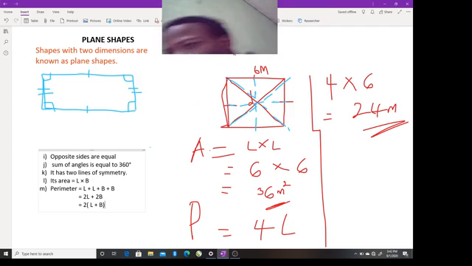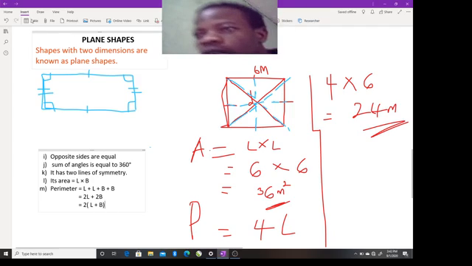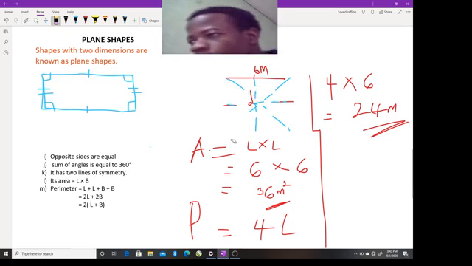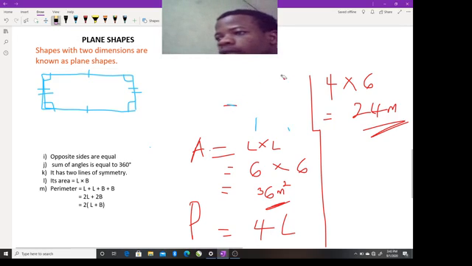So that is why the perimeter of a rectangle is always 2 open bracket length plus breadth.